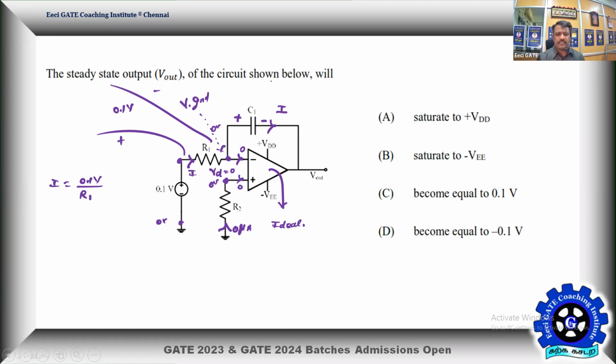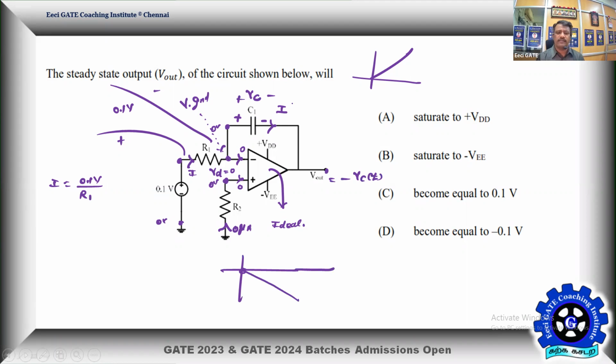That means the capacitor charging is going to be a positive ramp. As the voltage across the capacitor increases, let this be VC, the voltage across the capacitor, and this you are going to lose from the virtual ground. Therefore V out is always going to be minus VC of t. But VC of t is a positive ramp, therefore V out will be a negative ramp of the same slope.